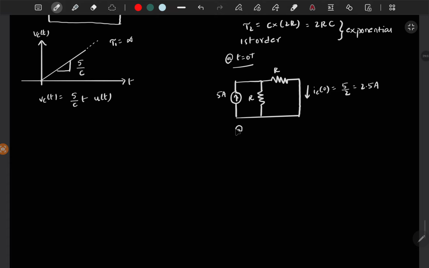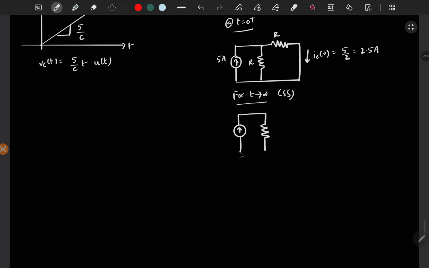And for t tends to infinity, at steady state, the capacitor will be open circuited. So you will get the voltage as 5 times of R. This is 5 amps and this is R. You will get voltage of 5 R across the capacitor terminals.